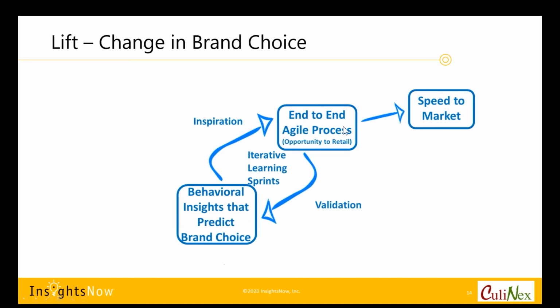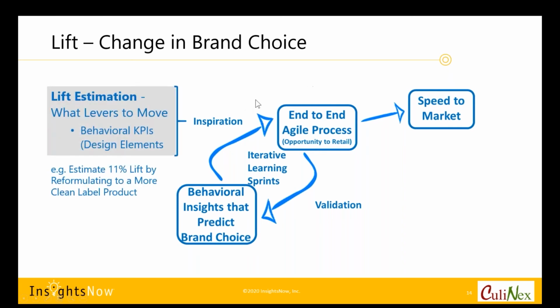Now, if you look at what Mark showed as his CRAVES process, end-to-end behavioral insights, rapid iterative, speed to market, at the very beginning of these rapid iterative learning curves, when you're developing concepts, building your product, prototyping, you can use this estimation of which levers to move as a way to estimate where you're going to get lift. Where can you improve from a baseline?